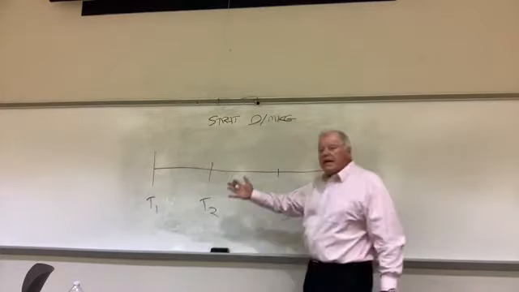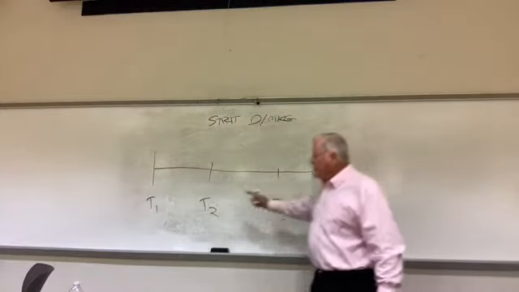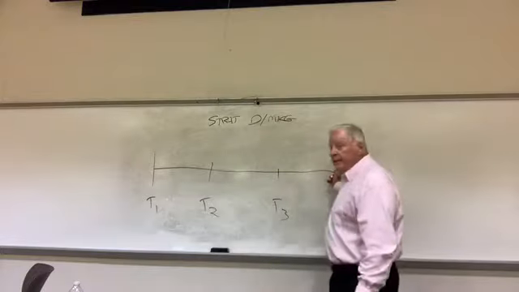So, this is a continuum. It is simply a line that has discrete anchor points. It starts there, and it ends here.